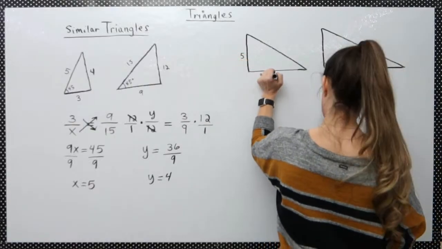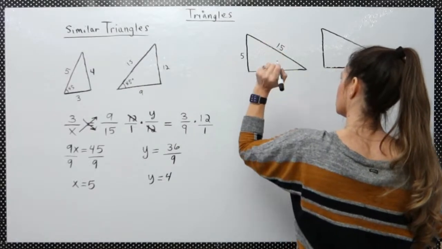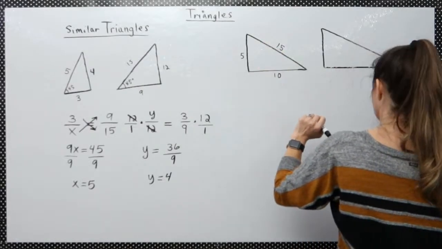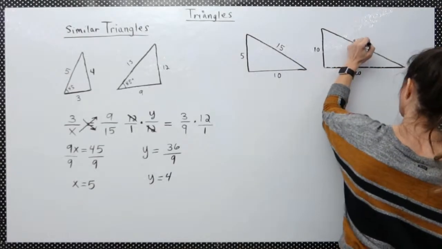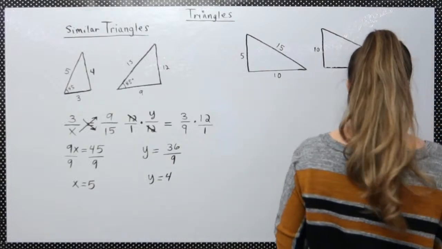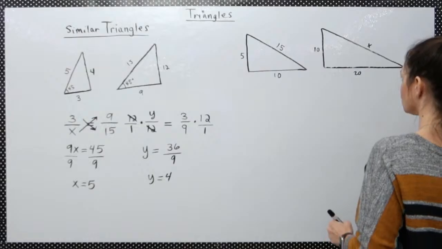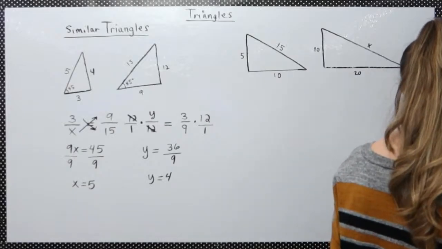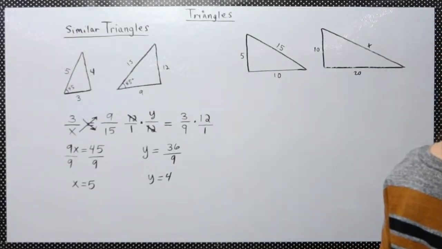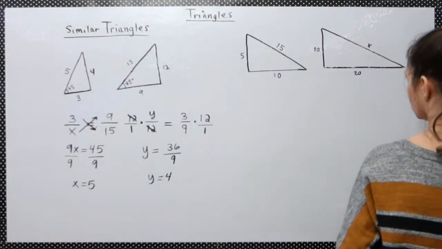At 5, 10, 15. And this one is 10, 20, and X. And again, we don't know if it's a right triangle or not. Let me see, how do I know it's proportional though? Oh, okay. So if you can find a K constant, let's test for proportionality.